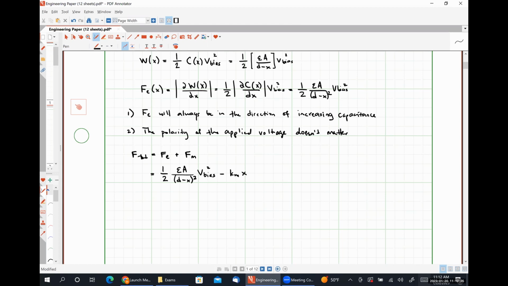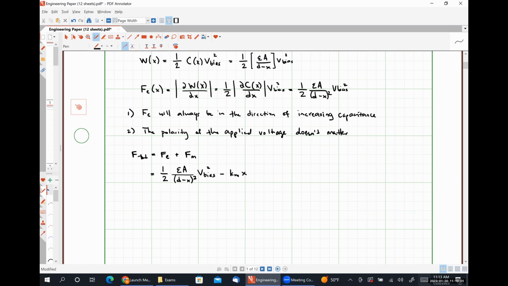When this occurs, our plates will simply snap together because our restorative spring force is no longer able to counteract our attractive electrostatic force. This phenomenon of the plates snapping together beyond a certain displacement is what's called the pull-in effect.